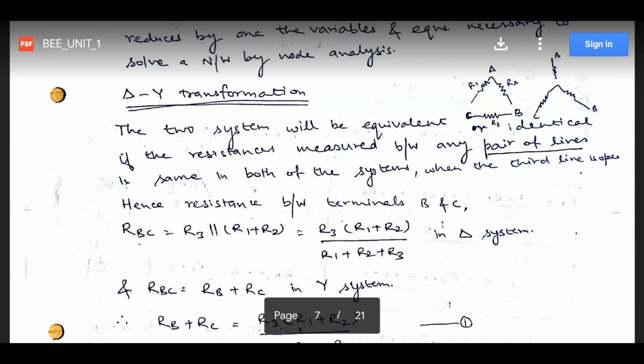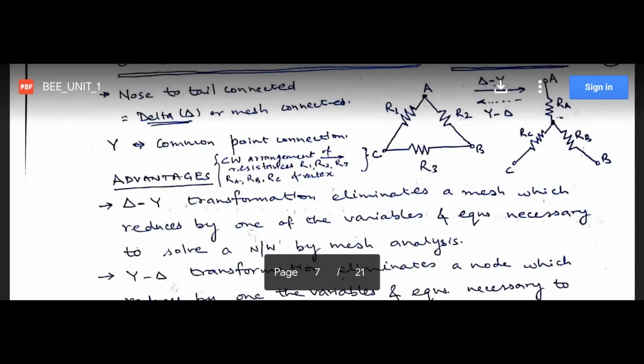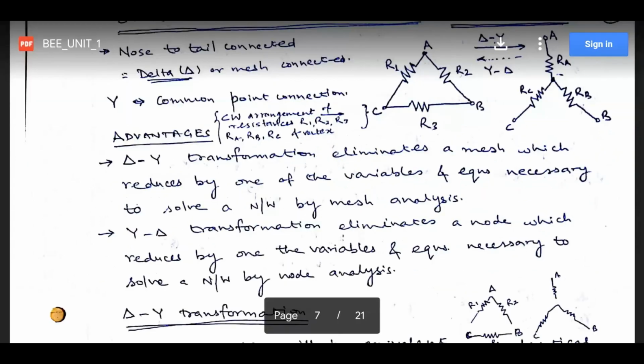So we want RA, RB and RC values in terms of R1, R2, R3. This is our final result, or this is what we are going to achieve.